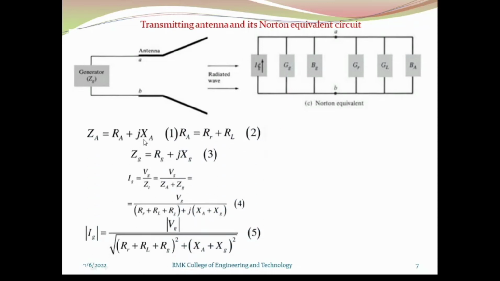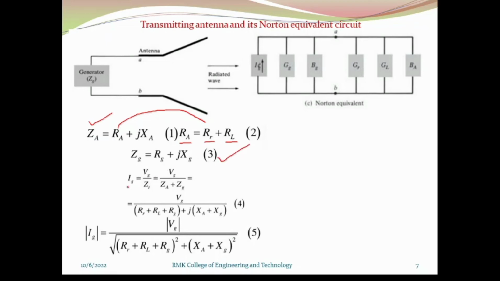Now we are going to frame the equations for calculating the radiation power, right? So the antenna impedance equals RA plus jXA, where RA can be written as the total resistance of the antenna, depending on both radiation resistance as well as loss resistance, right? Now the third equation is about the generator impedance.